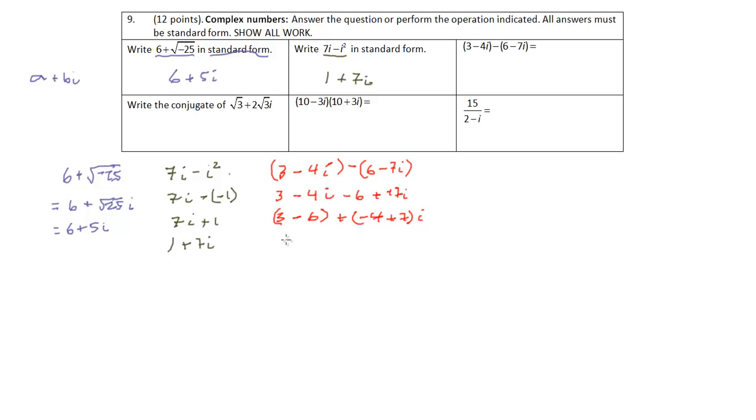All right, so -3 is the real part, plus -4 plus 7 is plus 3i. So that's our answer, -3 plus 3i.